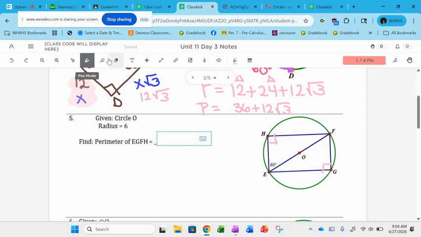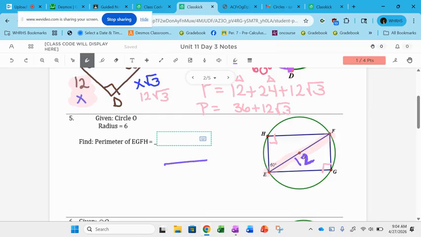And so then it says the radius is 6. Well, do you guys see how EF is not a radius, it's a whole diameter? Since EF is a whole diameter, it's not going to be 6, but it's going to be what? Since the radius is 6, the diameter has to be 12, 2 times the radius.